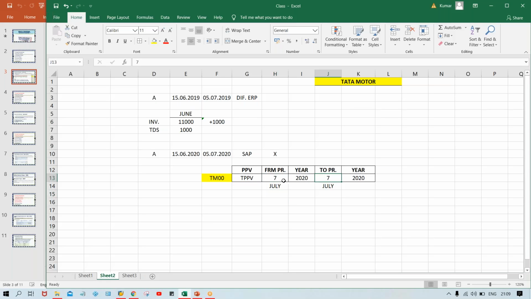The other benefit of opening and closing period means, even if 7th period is there, system will not allow to post the transactions neither in a backdated period, in the sense like past period, nor in a future period. If you're going to post a transaction, let's suppose instead of 7, if I have given period 8, like let's suppose here, if I'm going to give a date 05/08/2020, even though it is 7th month, by mistake if somebody has given this date, then which period is it?